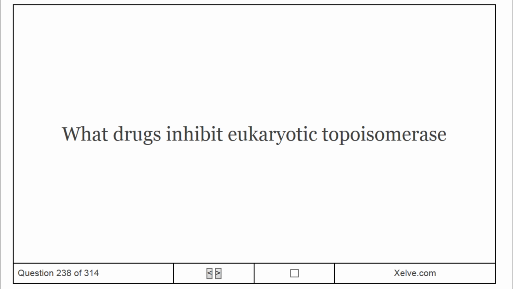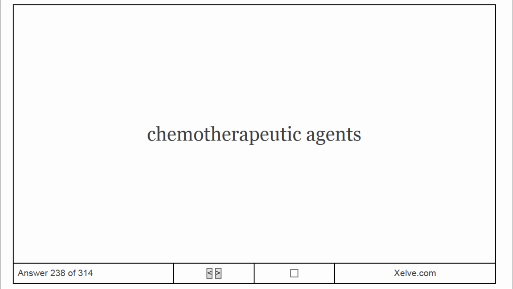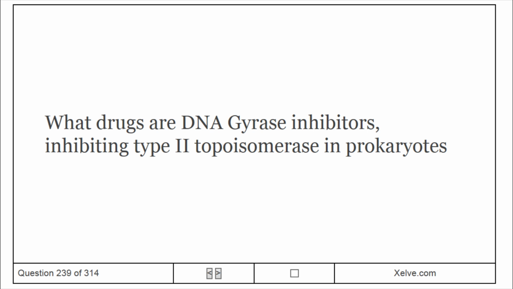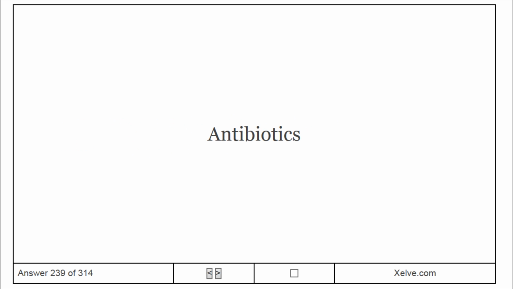What drugs inhibit eukaryotic topoisomerase? Chemotherapeutic agents. What drugs are DNA gyrase inhibitors, inhibiting type 2 topoisomerase in prokaryotes? Antibiotics.